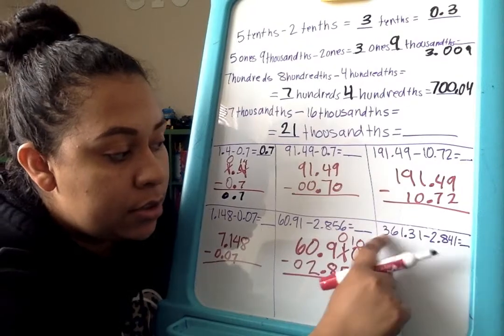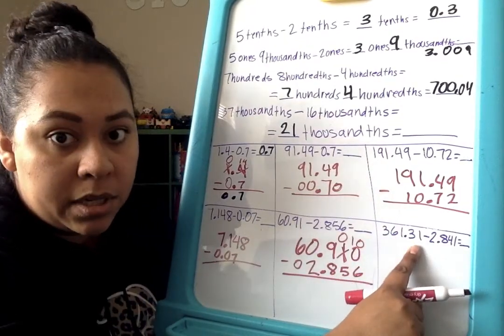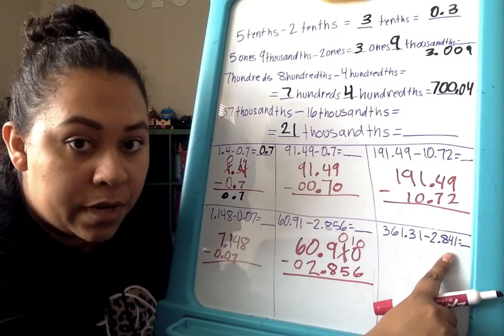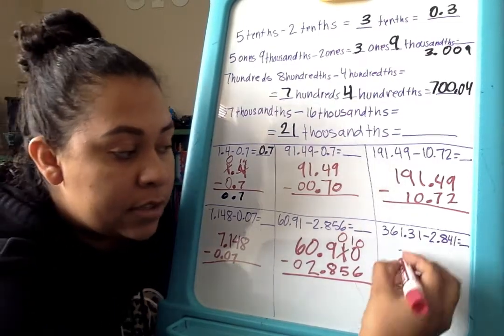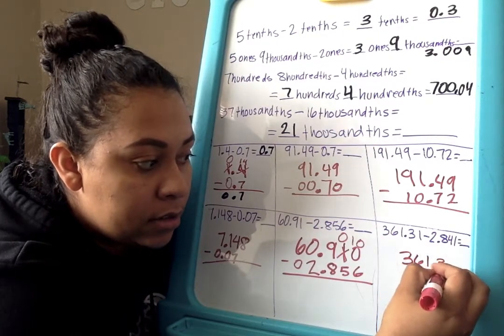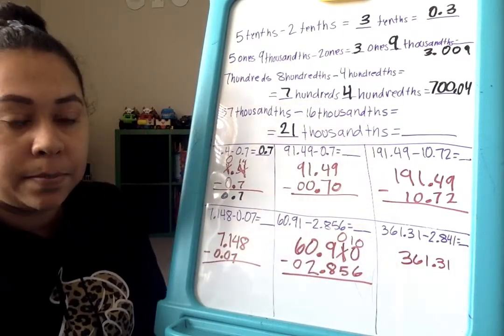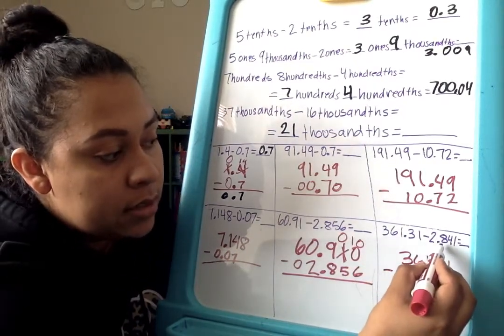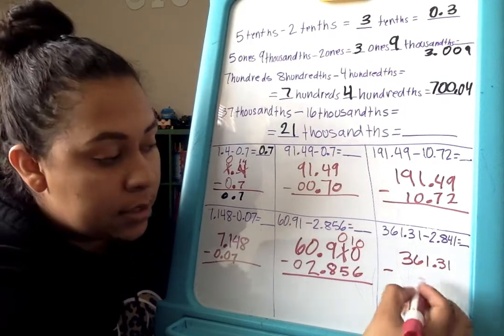So again, 361 and 31 hundredths minus 2 and 841 thousandths. So start with your first part, 361 and 31 hundredths minus 2 and 841 thousandths.